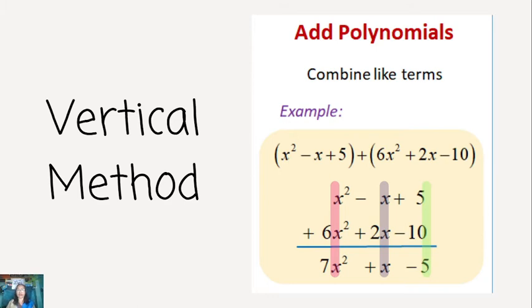Now, the vertical method. The vertical method is actually very common because this is what we used to do in arithmetic, in elementary math. We start from the top, then you just align the one at the bottom. For example, 45 plus 55.